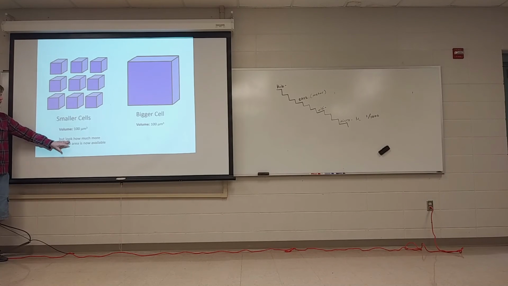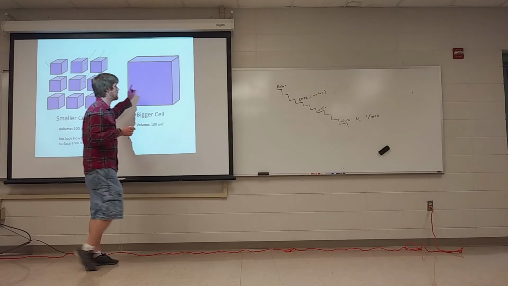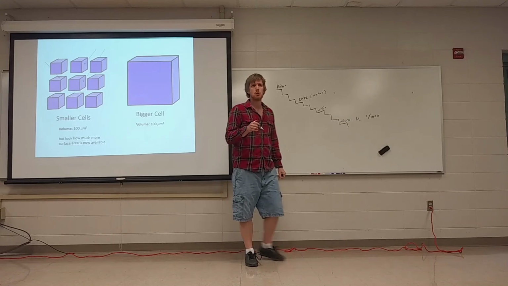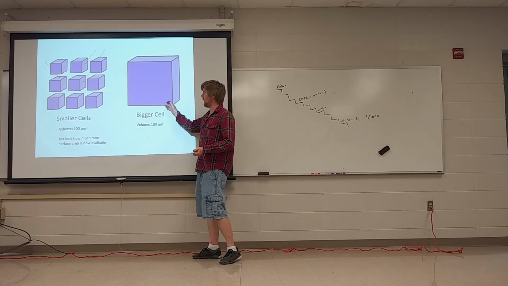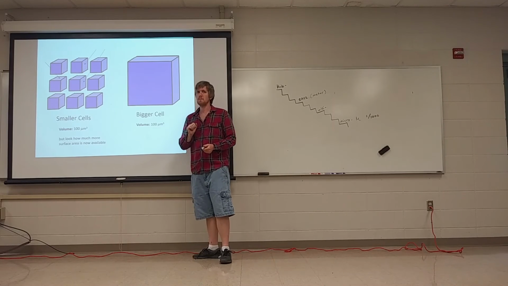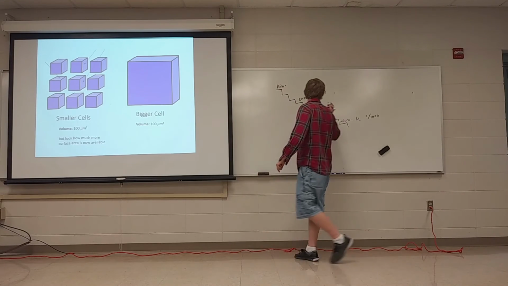By having so many smaller cells, you've got a lot more cellular surface area exposed than you would have if you had one giant cell, or even just a large number of bigger cells. Smaller is better for maximizing surface area.